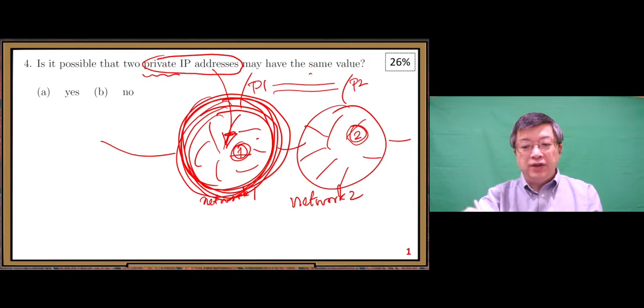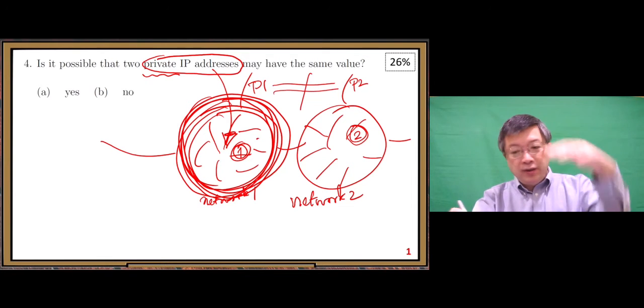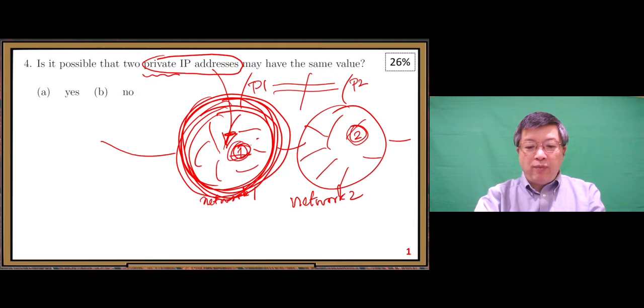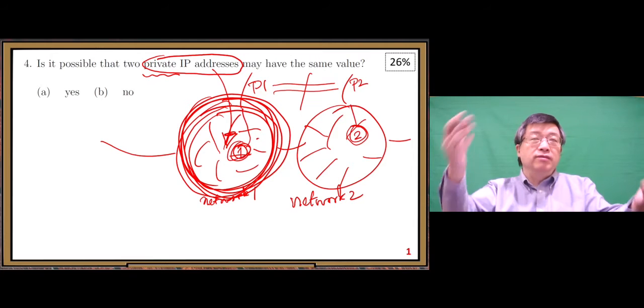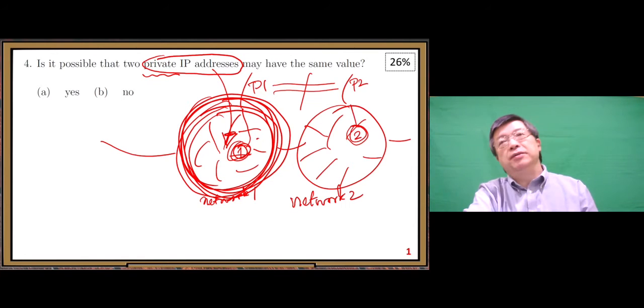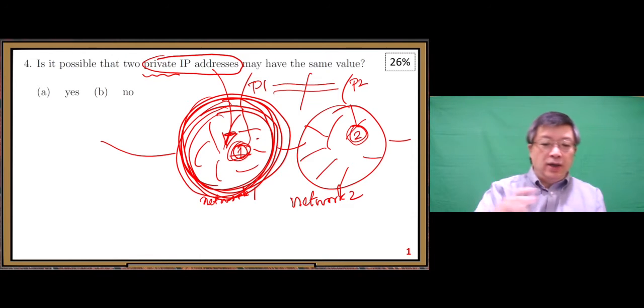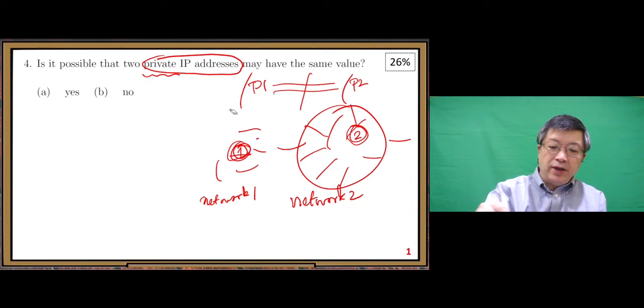P1, P2 are different. Under P1 and under P2, the private addresses could be the same. So that's the basic idea. Hope you understand this concept.